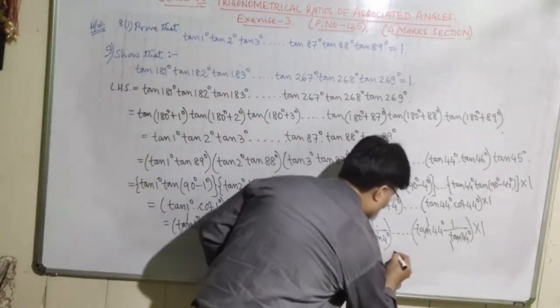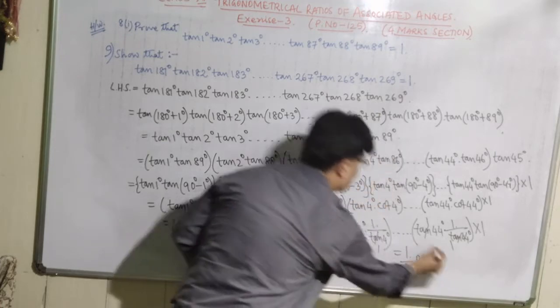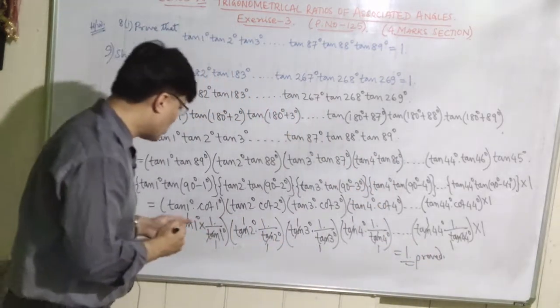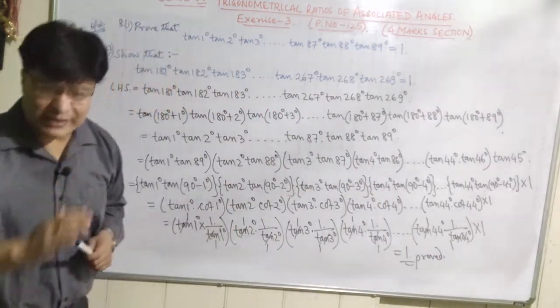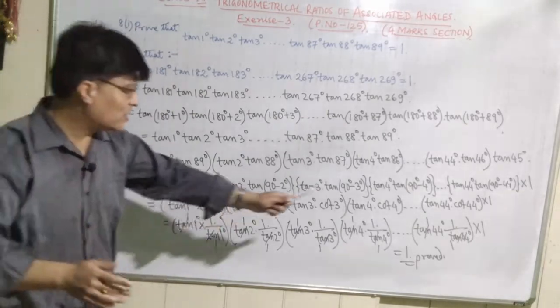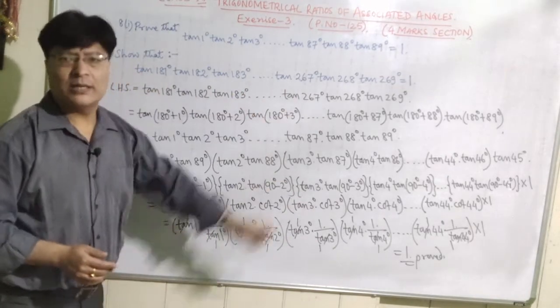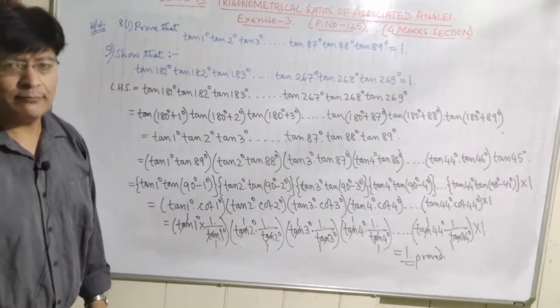That means we got the answer as 1. So it is proved. We have proved that this LHS is equal to RHS.